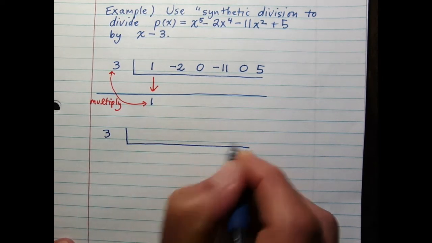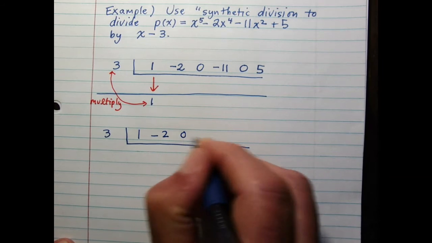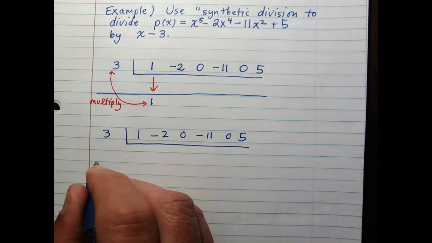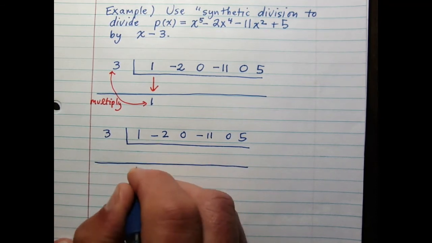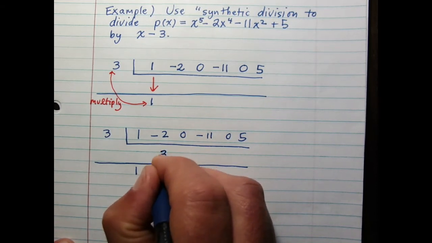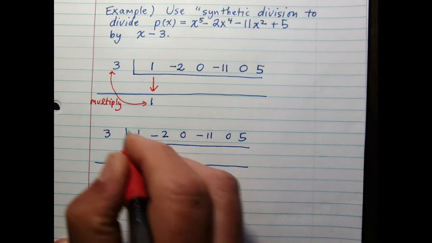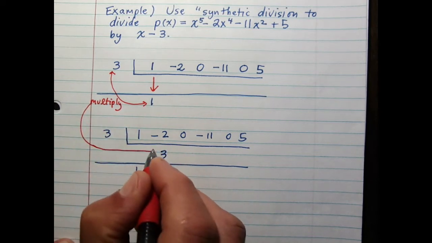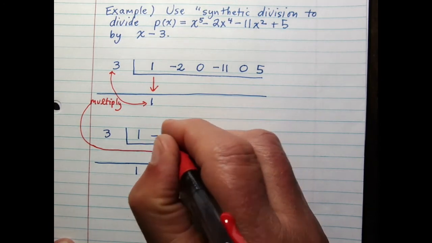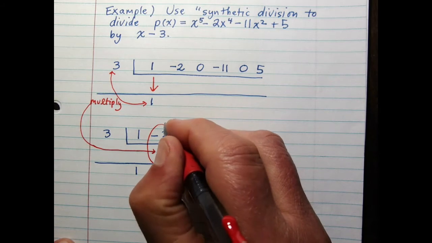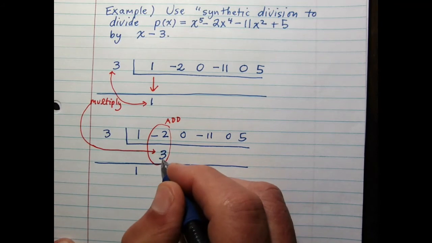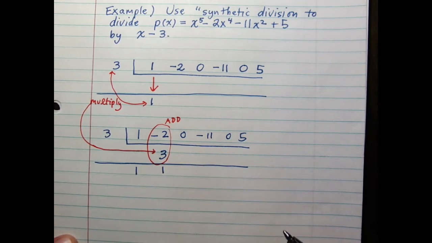So this is going to be a little bit tedious at first. Normally you wouldn't recopy, you would just write that product there. So I brought down the 1, I multiplied 1 times 3, and I'm going to write the result of that multiplication right there. And then these two quantities I add. So negative 2 plus 3 is 1.